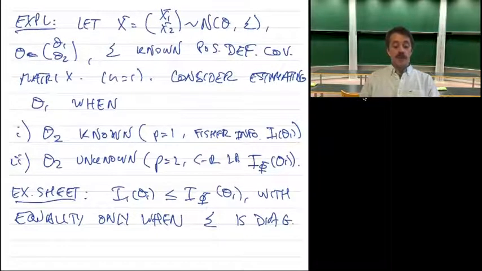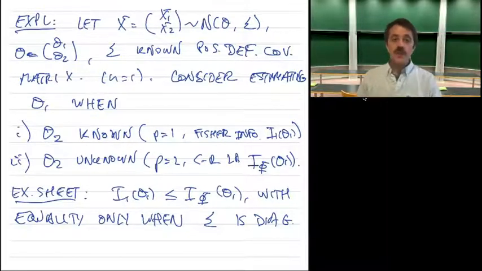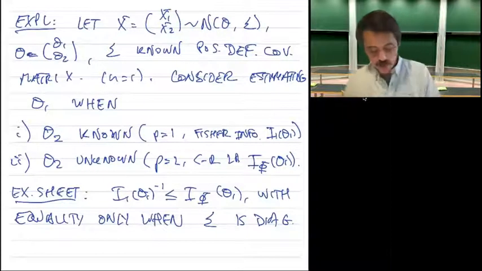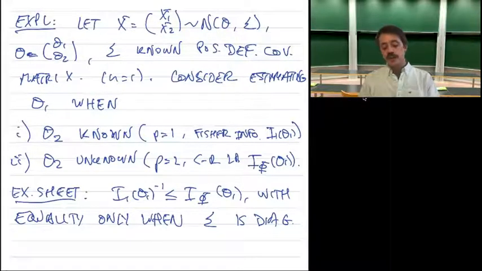Why would it be that the first case is always going to have the information. Sorry, this should be inverse. Yes, okay, otherwise I was going to say something wrong. Of course, this I_Phi on the right is not really the information.